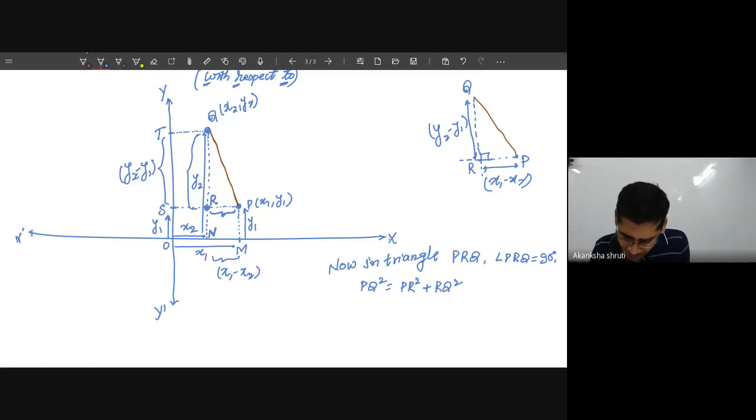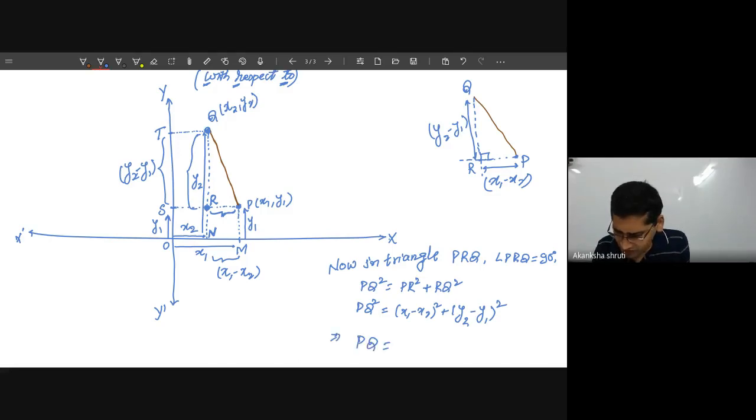It means this PQ square is x1 minus x2 square plus y2 minus y1 square, since what we have calculated is y2 minus y1.